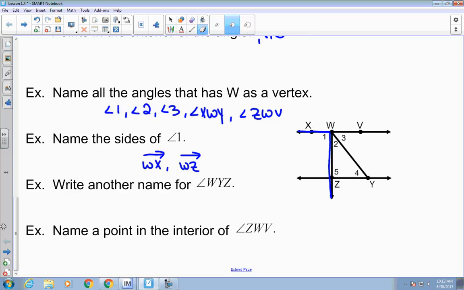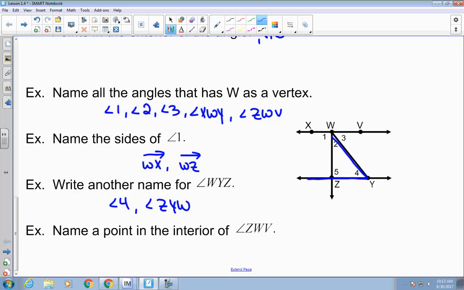Another name for angle 4? WYZ. Okay, angle 4. Anything else? You could go the opposite direction and say angle ZYW. Could you say angle Y? How come?